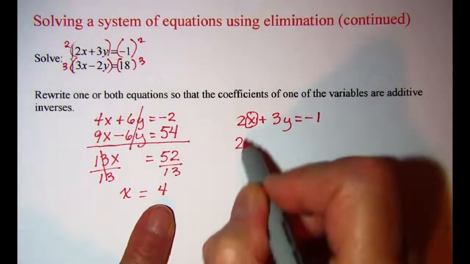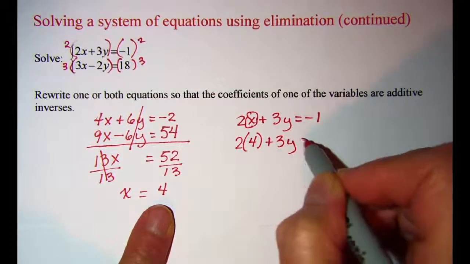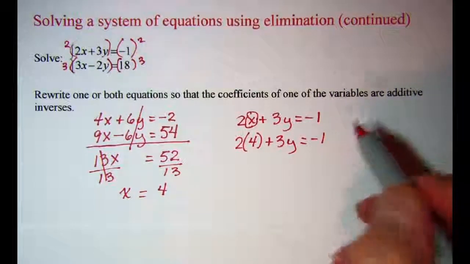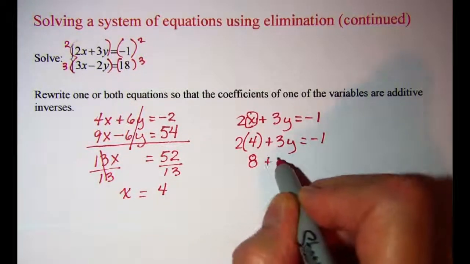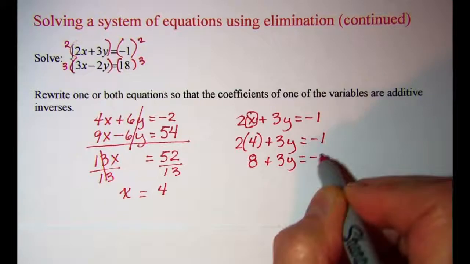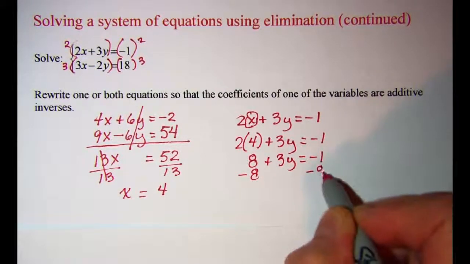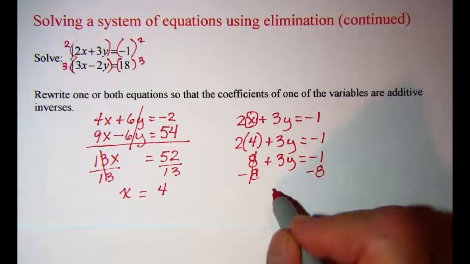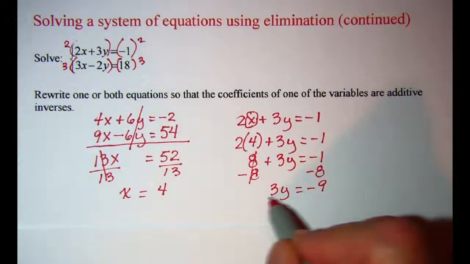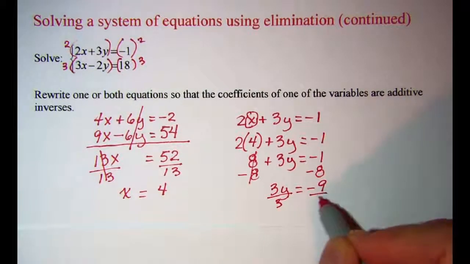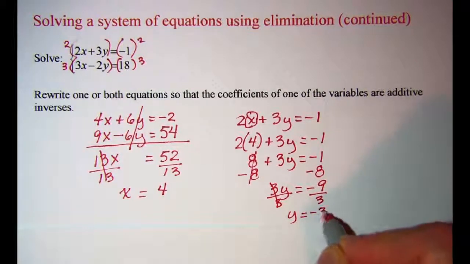So I have 2 times 4 plus 3y is equal to negative 1. 2 times 4 is 8, plus 3y equals negative 1. Subtract 8 from both sides. The 8's cancel, and I have 3y is equal to negative 9. Divide both sides by 3. So those cancel and y equals negative 3.